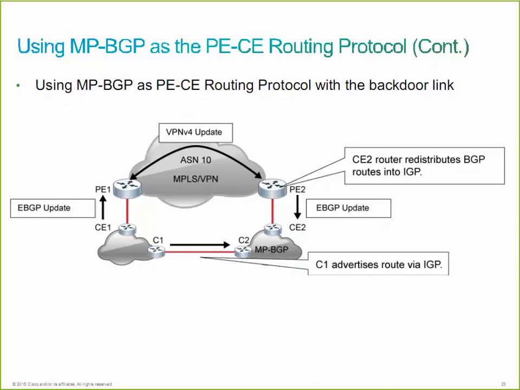So we can solve this problem very simply in this case by summarizing routes over the backdoor link. That means that the routes over the MPLS backbone become more specific, and we know that routers choose longer prefix matches to route packets as opposed to shorter prefix matches.